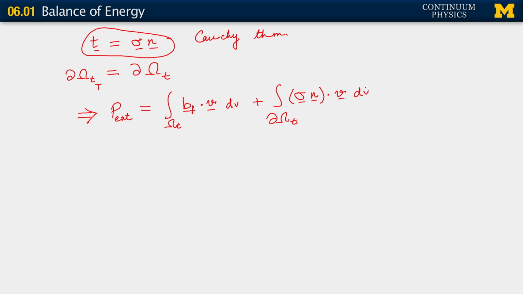Now, the situation that we want to get to is we want to convert that surface integral, which is the second integral here, also into a volume integral, and we do this using the divergence theorem. Okay? So the way we can write that is to first realize that this we can rewrite as integral over partial omega t of v dotted with sigma, okay, which gives us a vector, the resulting vector dotted with n dA.